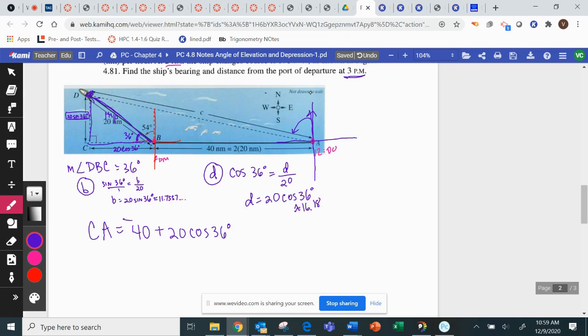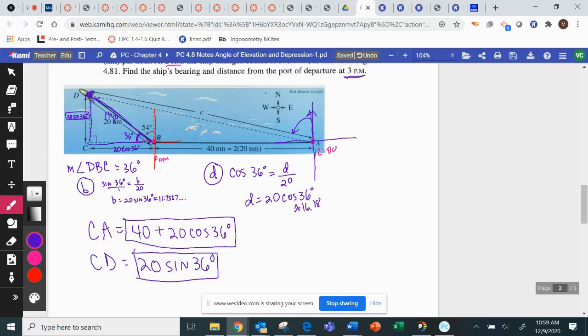So that's going to be my length of CA. My length of CD, which is also little b, which we've already written, is 20 sine 36. How can I find the length of little c or length of DA?